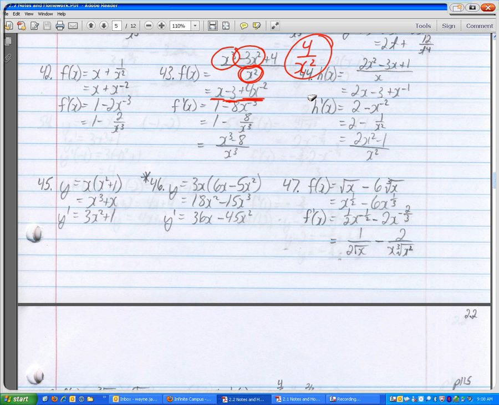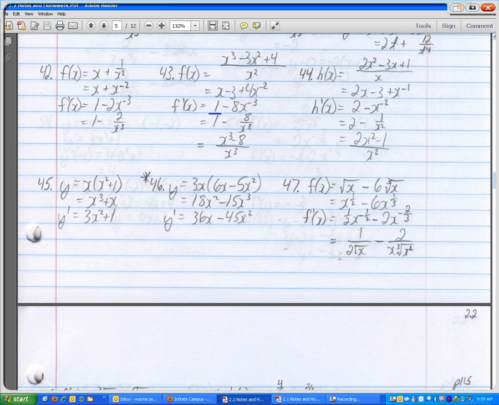And now I know how to find the derivative of each one of those terms. I have a rule for every one of them. So f prime of x equals, well, the derivative of x is 1, because that's a special case of our power rule. The derivative of negative 3 is 0, because the derivative of a constant is 0.